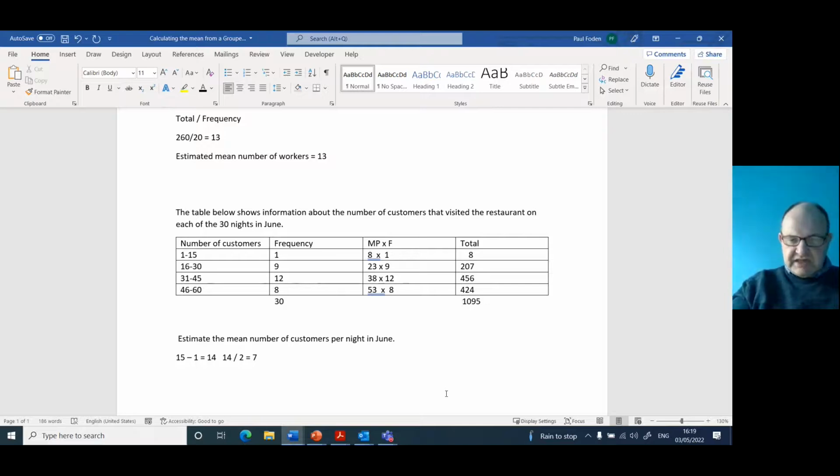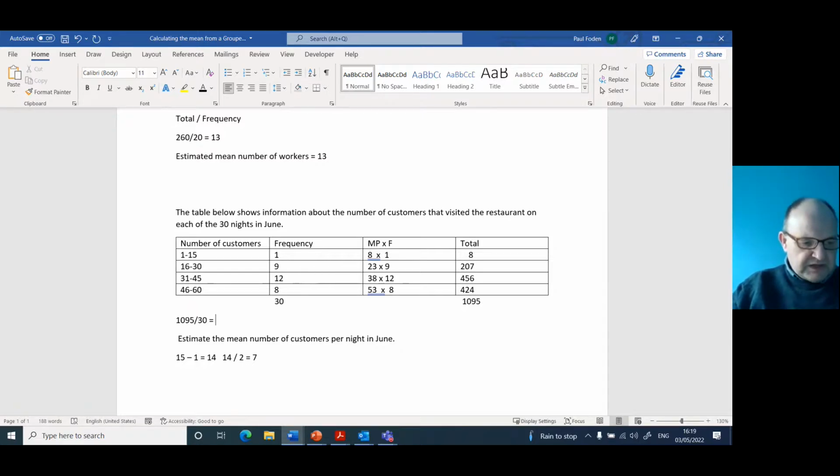If we want to check that on the calculator, we can do that. 8 plus 207 plus 456 plus 424 equals, and we have it right, 1,095. So now to find the mean, we take 1,095, which is our total, and we divide it by our frequency, which is 30.